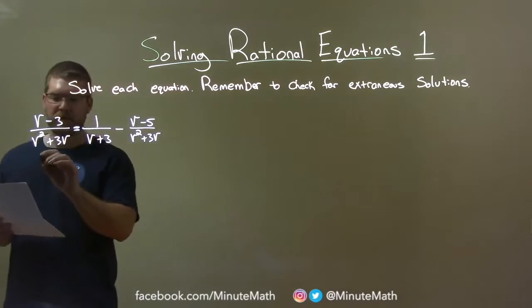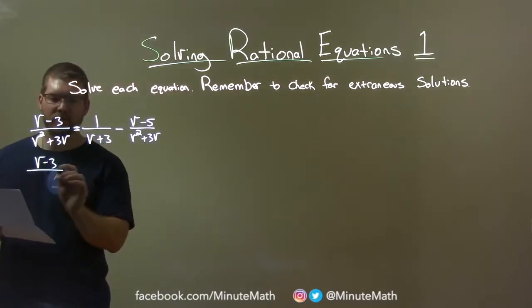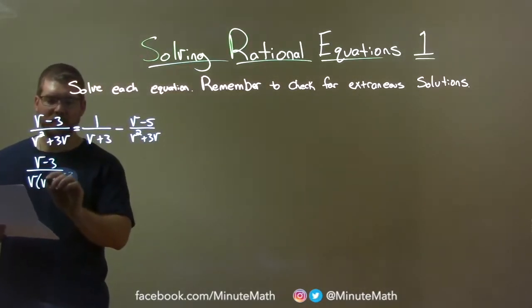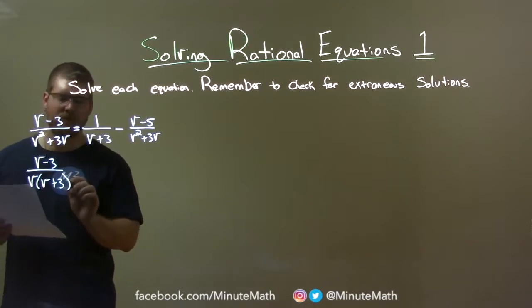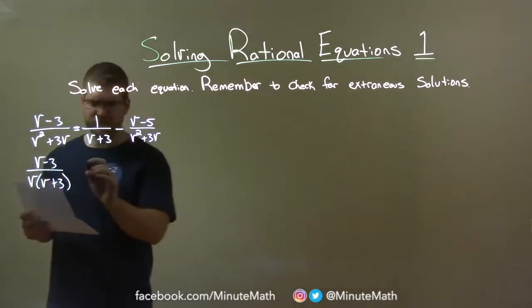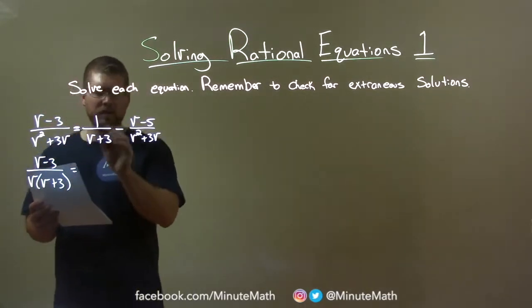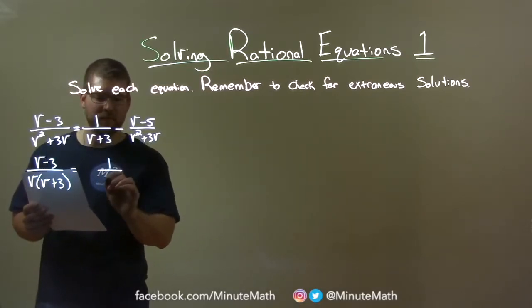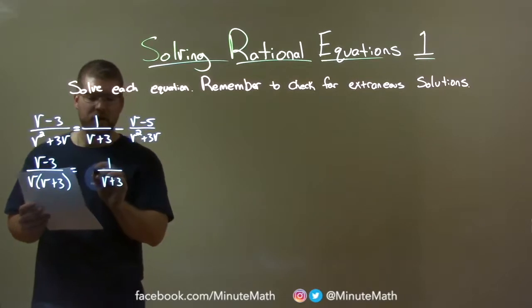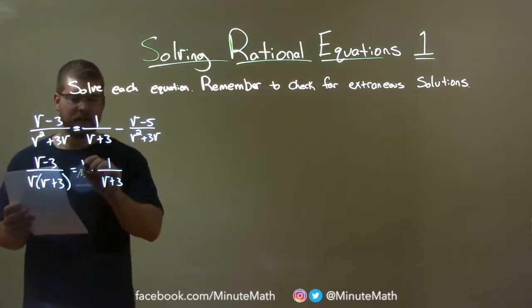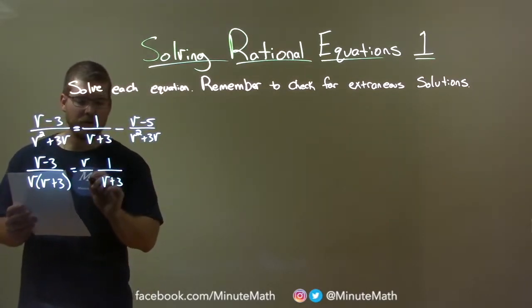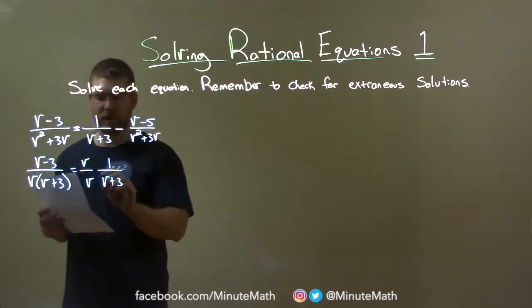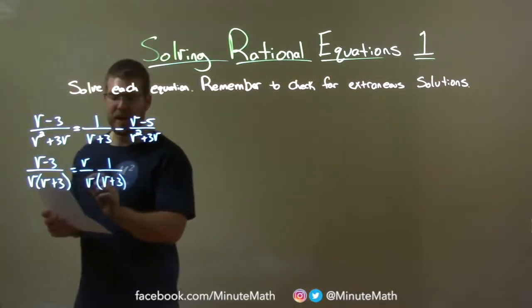So let's do that. We have v minus 3 up top and then we have v times v plus 3. And I know my v's kind of look like square roots. This middle one, I want to have something just like it. I have v plus 3 here. If I multiply this fraction by v over v, I then have the same denominator.